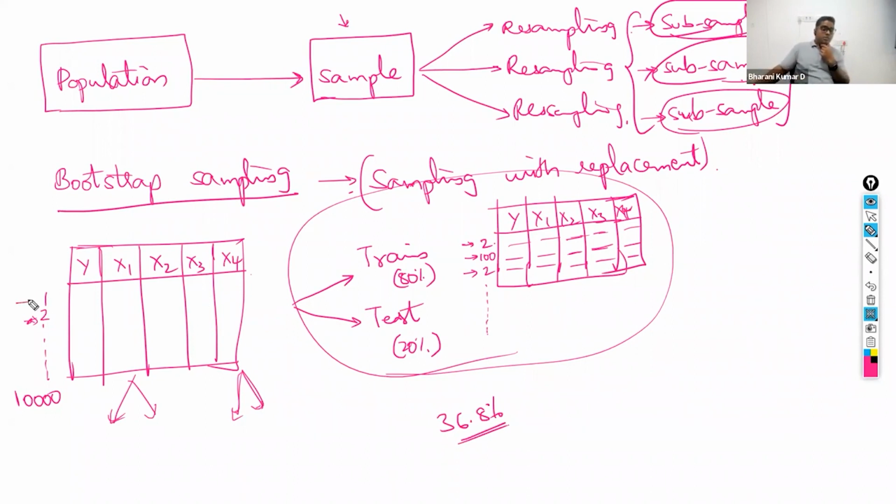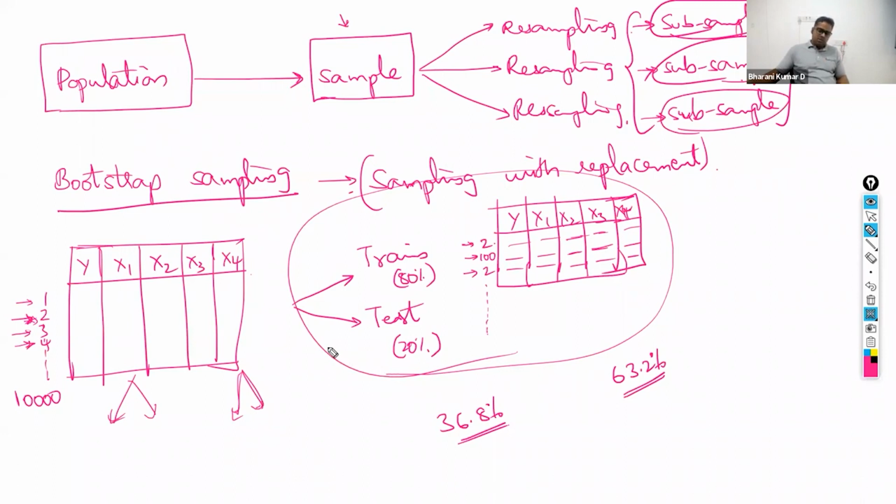That means each observation has a probability of getting selected in the samples for what percentage of times? 63.2% of times. Okay.